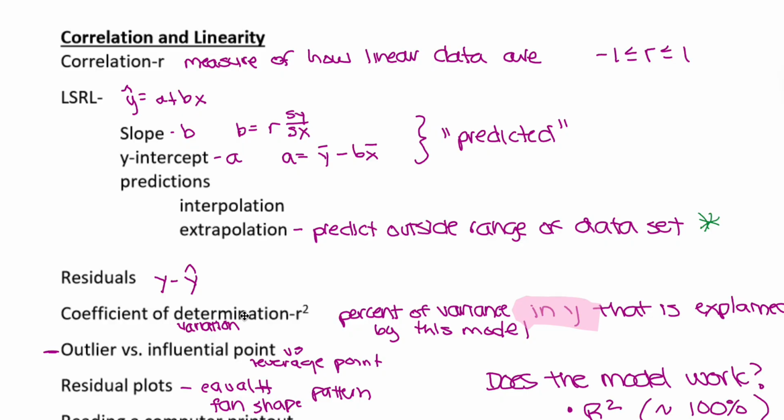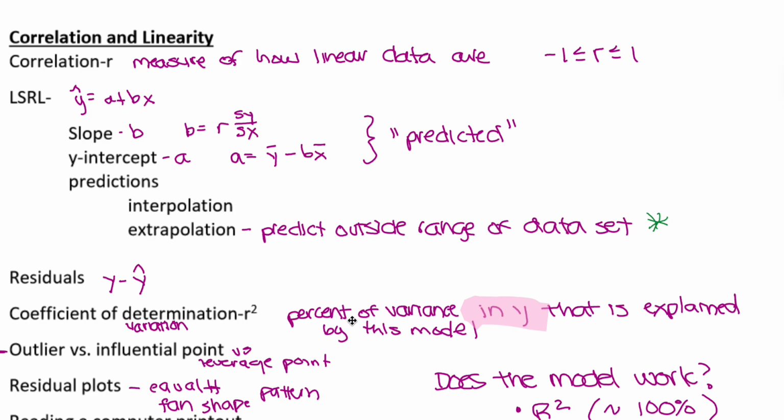So this is the percent of variance in y that is explained by this model. So remember, this is in y, not in x or anything else. Basically, we can say that by using the model that we created, this is how much of the variance in y can be explained by this model.